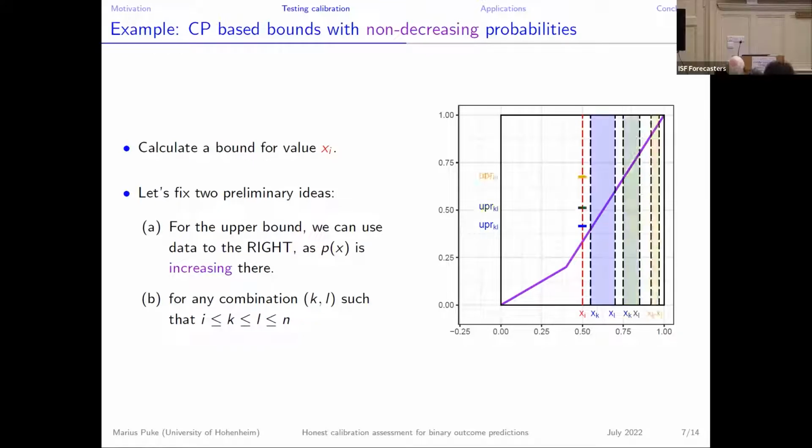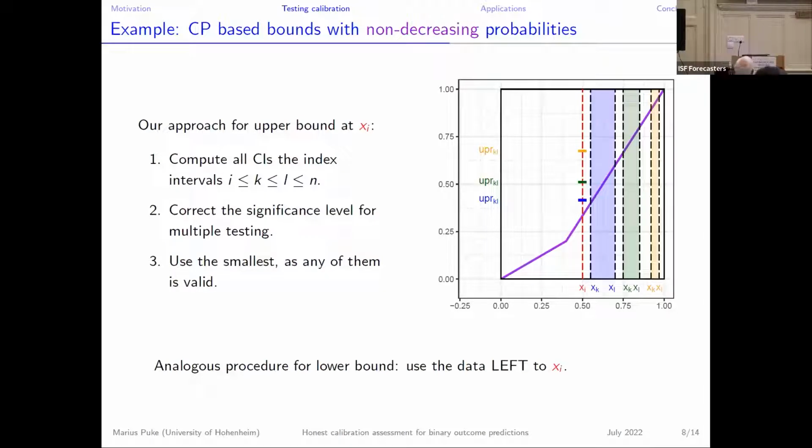We might use some different index intervals, this greenish or this yellow area here, and we have then multiple candidate upper bounds. And if we essentially do this for all the possible combinations of index intervals on that range, and if we would have corrected for the significance level for multiple testing in the first place, then we can simply pick the smallest upper value that is arising from that procedure to obtain an upper value for xi.